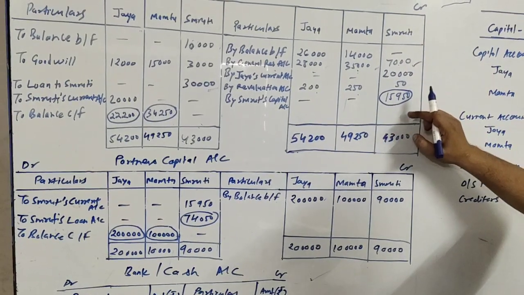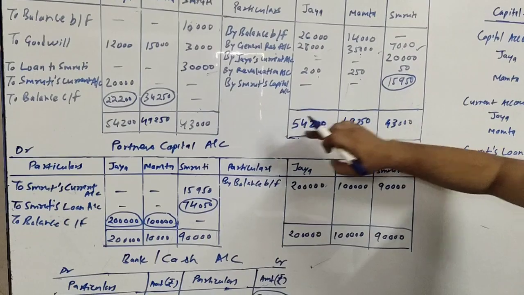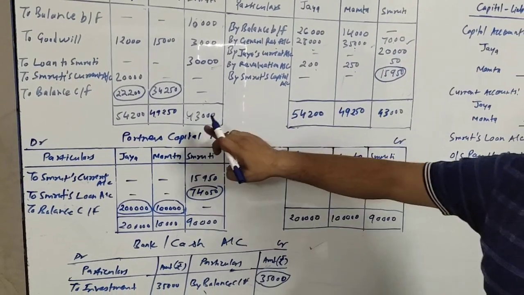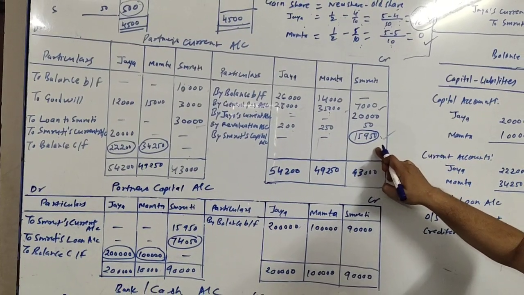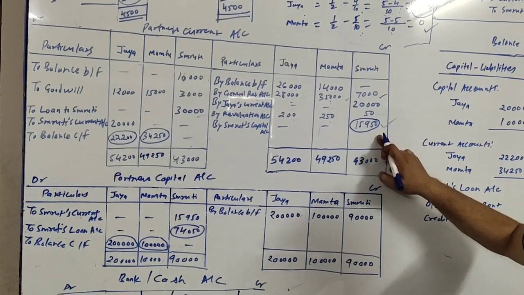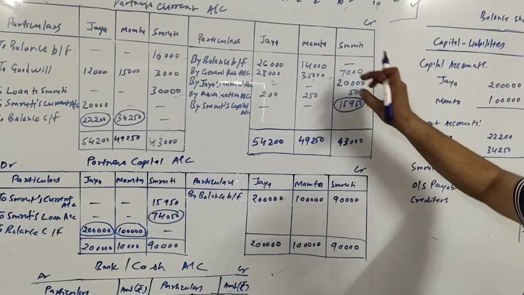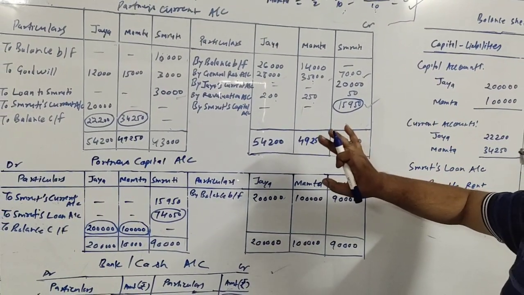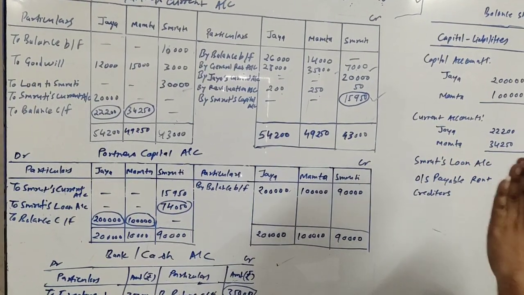The difference will be on the credit side because the credit side total is less. When we deduct 27,050 from 43,000, we get 15,950. So this is the balance of current account of Smruti, which is a debit balance, and this will be adjusted against the capital account of Smruti.